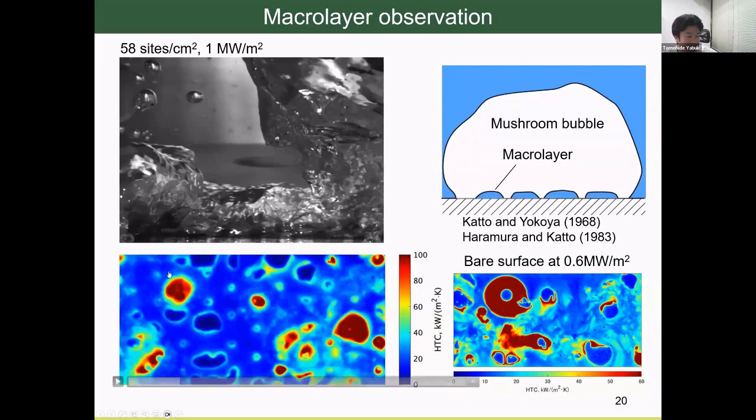This liquid layer is confined to a very small space between interfaces, and so the liquid inside cannot freely move. And so the convection is suppressed. That's why this microlayer region shows a lower heat transfer coefficient compared to the general convection region. And I'll play the video.